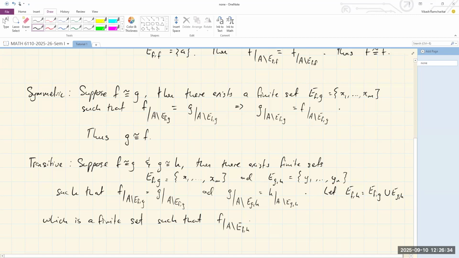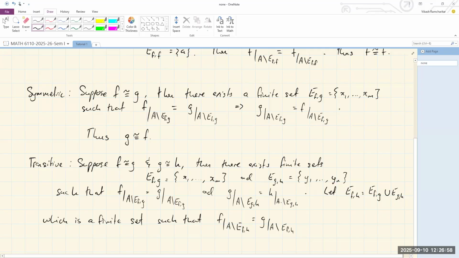Then we know that f and g are equal to each other once I remove all the x's. So they will still be equal to each other even if I remove all the y's now.